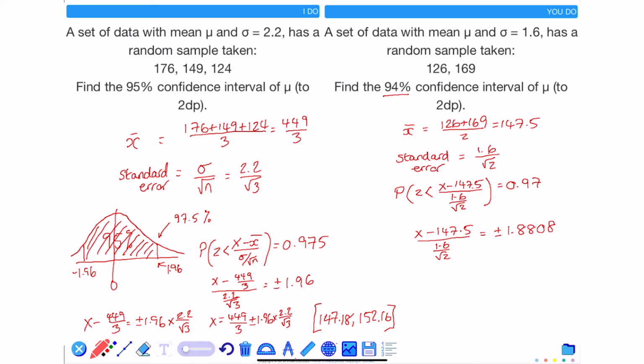Multiplying both sides by 1.6 over root 2 and adding on 147.5 would give me x is equal to 147.5 plus or minus 1.8808 times 1.6 over root 2. Grabbing a calculator and typing this in, x will have a confidence interval of 145.37 to 149.63.